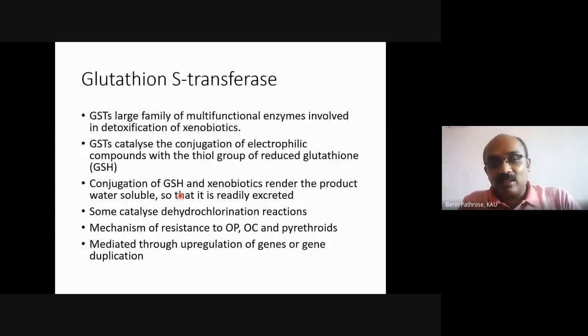Coming to the next one, that is glutathione transferase. One thing we have to remember is that after resistance I will take metabolism of insecticide, and in that I will again discuss glutathione transferase. In the metabolism of insecticide, if the insecticide has to be metabolized quickly, it has to be made more hydrophilic so that it can be excreted through water.